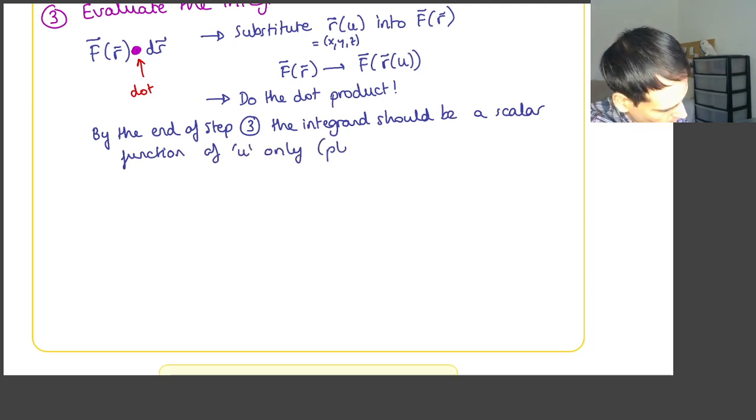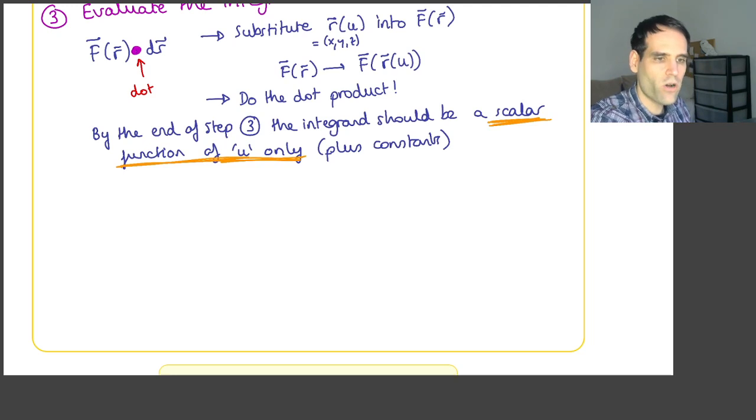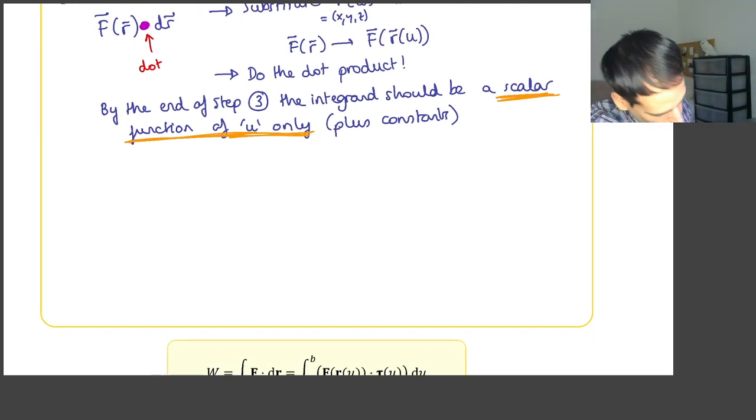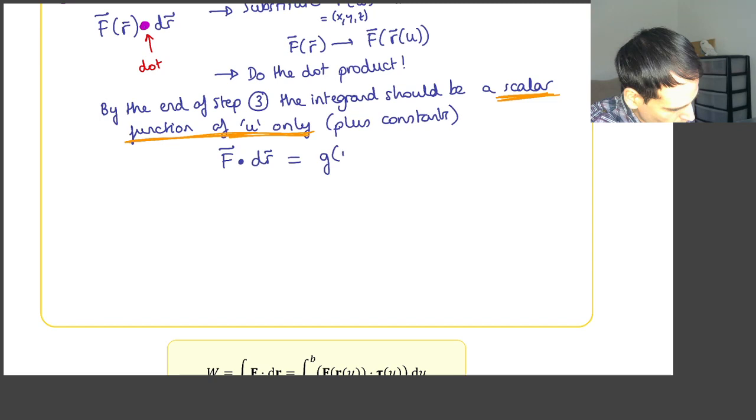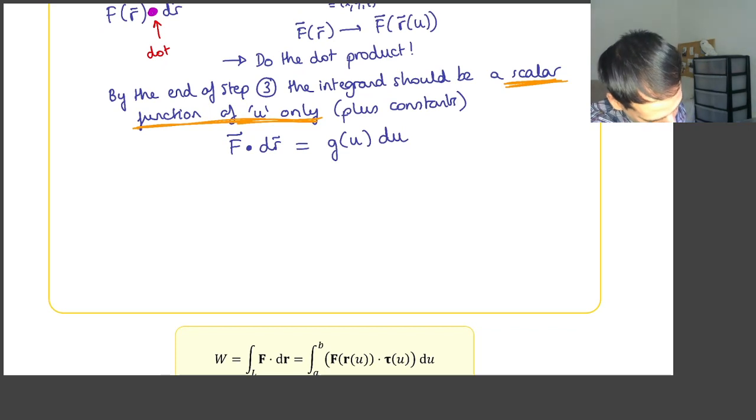So 2 things are important. It must be scalar and it must be function of u only. Okay? So always check that before starting the integral. In other words, we could say that F dot dr must become some function of u times du, and this is a scalar. Okay? So step 4 becomes then very easy.